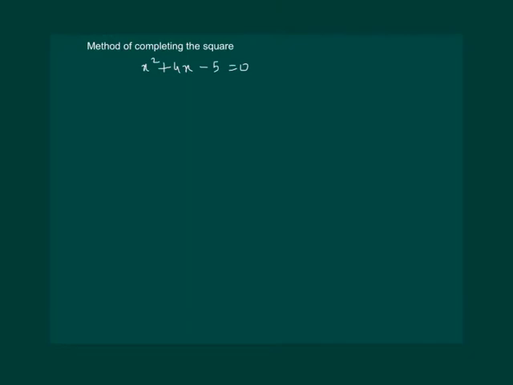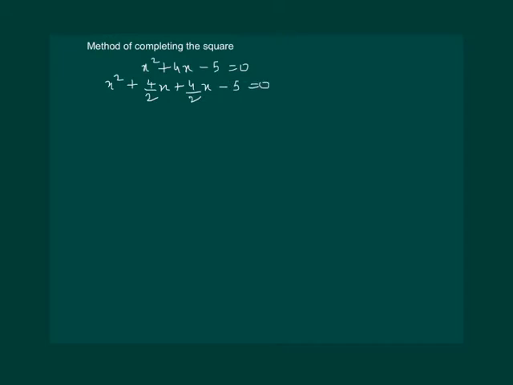In this method, we want to convert the x terms into a perfect square. For that purpose, our process goes like this. We divide the coefficient of x by 2 so that we can write it as 4 by 2 x plus 4 by 2 x minus 5 equal to 0.